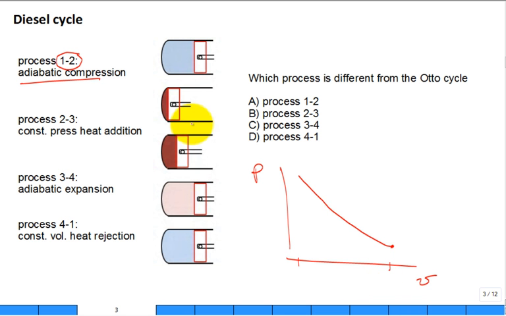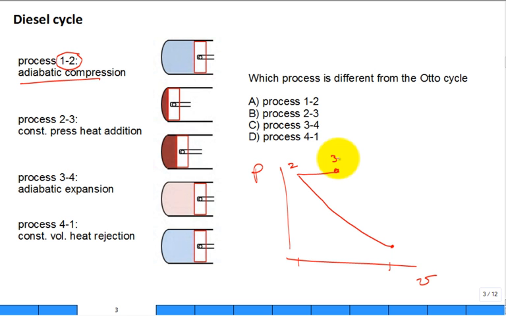And then you don't have constant volume heat addition. The fuel is less volatile, and as you're spraying it in, the approximation in the diesel cycle is that you're starting to go and expand at constant pressure. So it's a constant pressure heat addition from state 2 to state 3. How did that compare with the Otto?